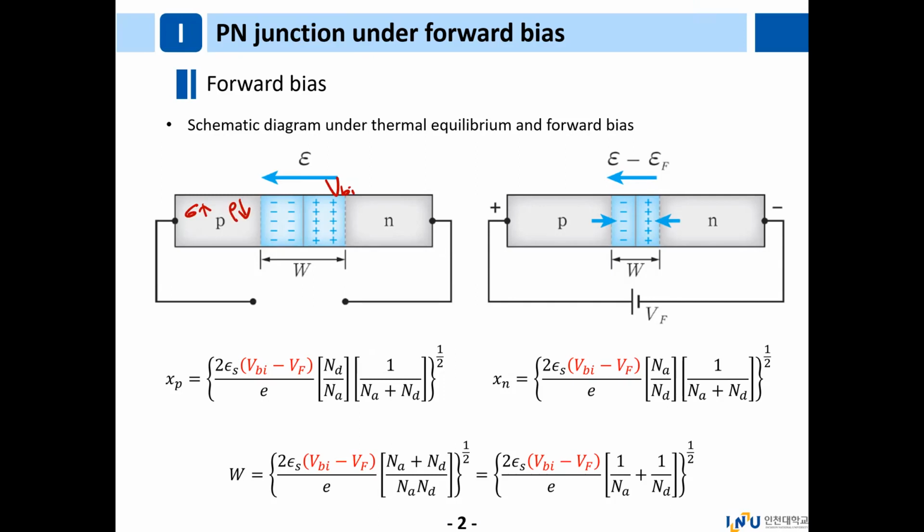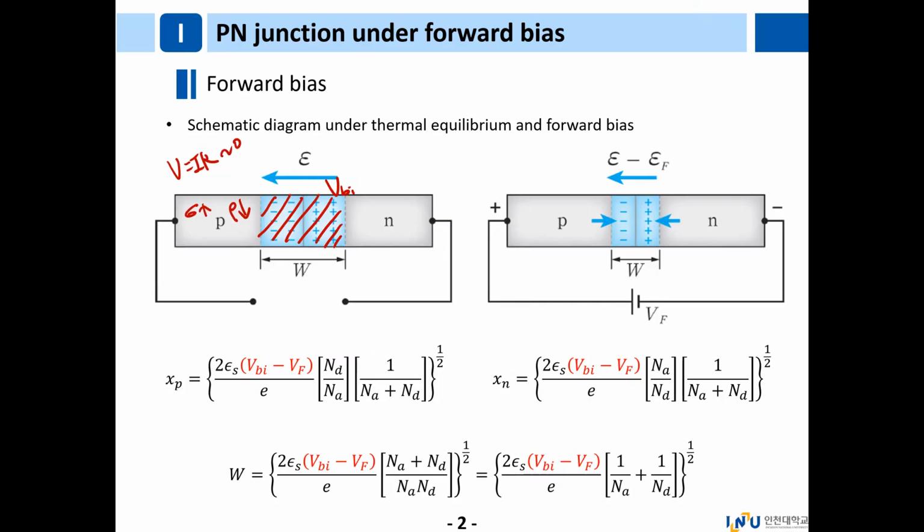As a result, the voltage drop V equal IR is almost zero or extremely small and can be ignored. Therefore, most of the applied voltage Vf is applied to this depletion layer.